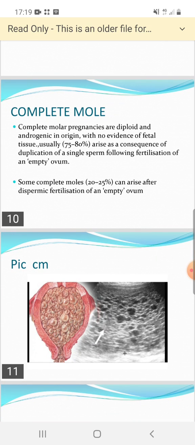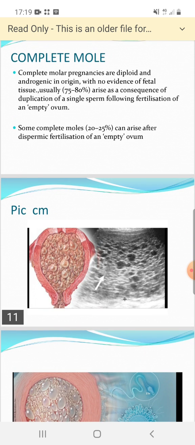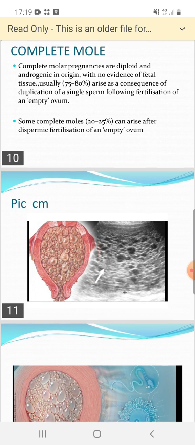As I told you, complete moles are diploid and androgenic in origin. It means both sets of chromosomes are from the sperm, the father, and there is no maternal tissue, with no evidence of fetal tissue. Usually 75 to 85% are due to duplication of an empty or hollow sperm without any genetic material, so there is duplication, and in some cases it can be dispermic fertilization.